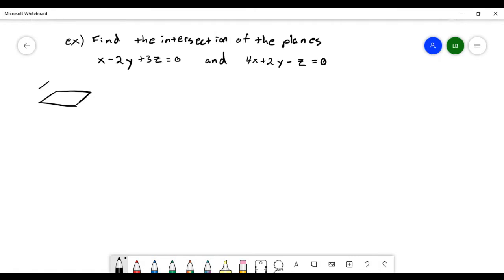You could also have two parallel planes that would never meet, and they would intersect nowhere. But in this case, our planes intersect as a line, because you can really quickly look at the coefficients and see they aren't parallel planes, so they would have to intersect as some kind of line.